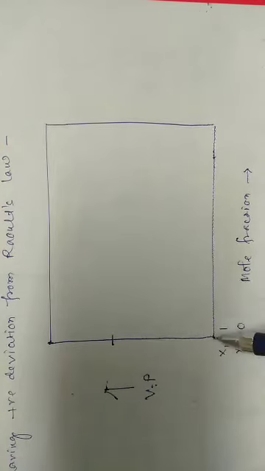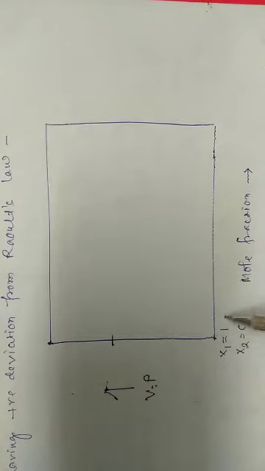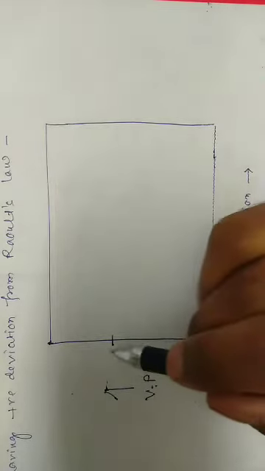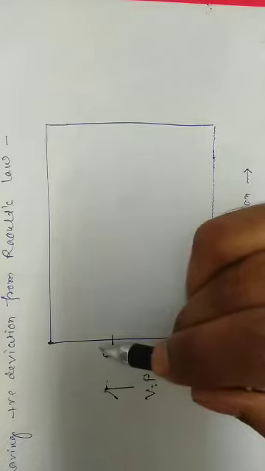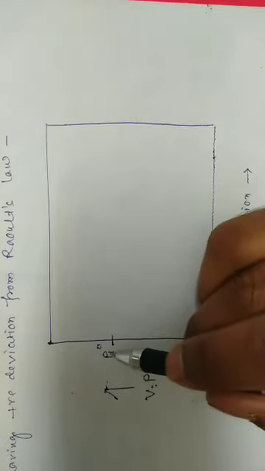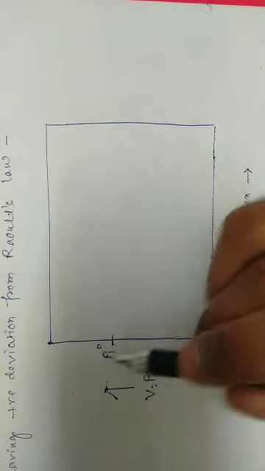So at this point container is containing only pure component 1. So at this point we have vapor pressure for the pure component 1 only. Let us consider vapor pressure for the pure component 1 is P1 naught. For pure component, vapor pressure is denoted by naught.